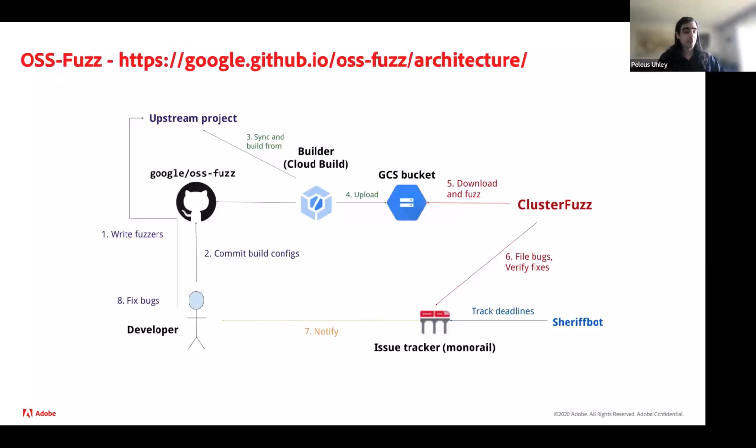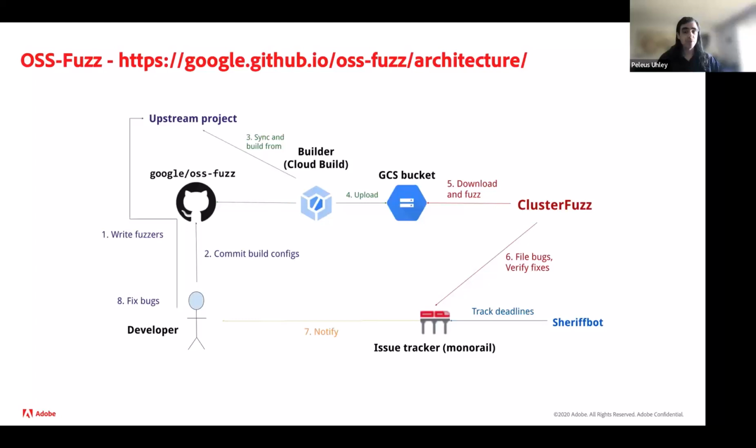If you were OpenSSL, libjpeg, or some other commonly used open source project, Google was going to help fuzz those environments. If you're a qualifying project, you would work with the OSS Fuzz team to write the fuzzers and get your build configs committed to the open source security fuzz branch in GitHub.